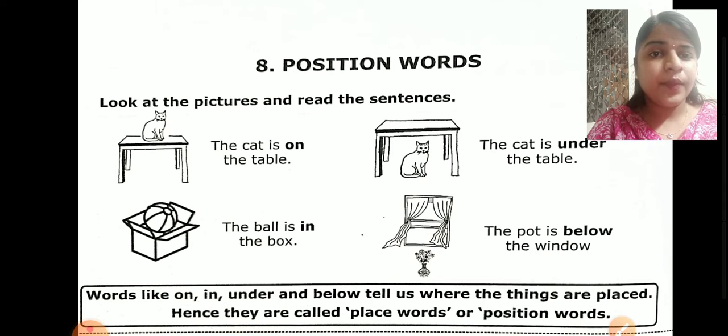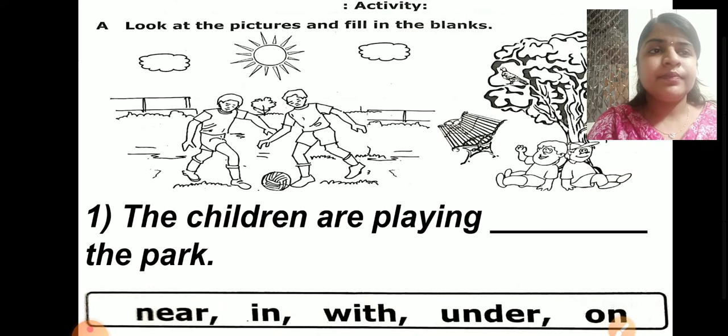I repeat, words like on, in, under and below tell us where the things are placed. Hence, they are called place word or position words. Okay children, understood everyone? Okay, next.